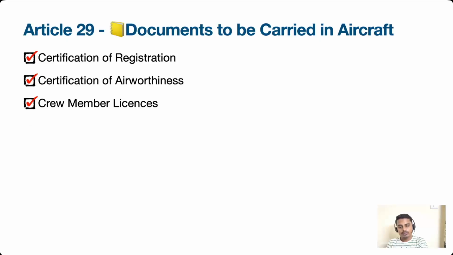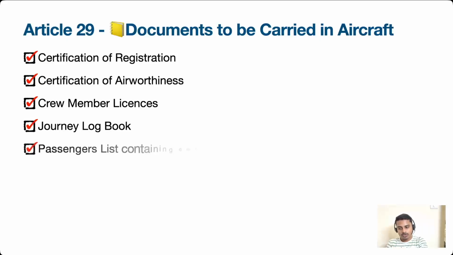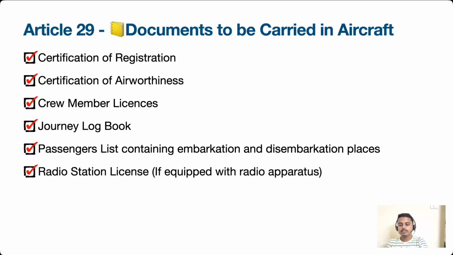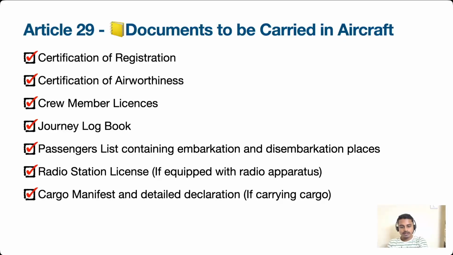Then comes the crew member licenses, the journey logbook, passengers list containing embarkation and disembarkation places, like where they are being boarded and deboarded, the radio station license if it is equipped with a radio apparatus, and the cargo manifest and detailed declaration if carrying cargo. So those are the 7 documents which must be carried in an international flight. Not by you, not as a passenger. This has to be carried by the crew members.